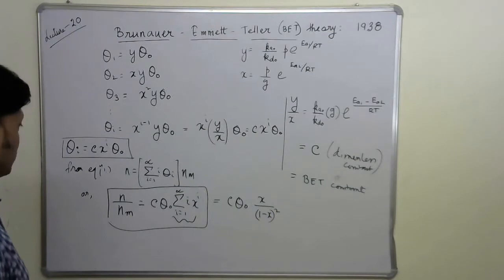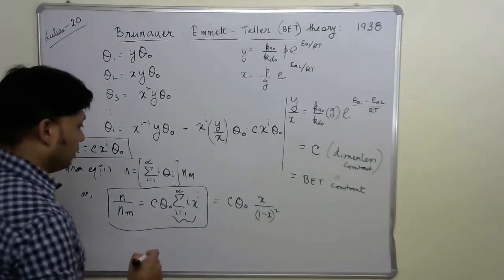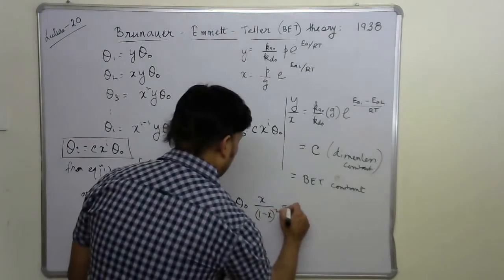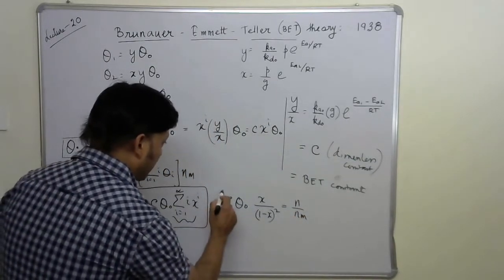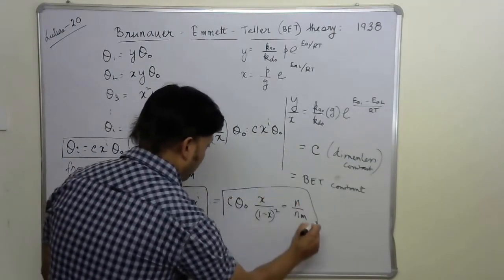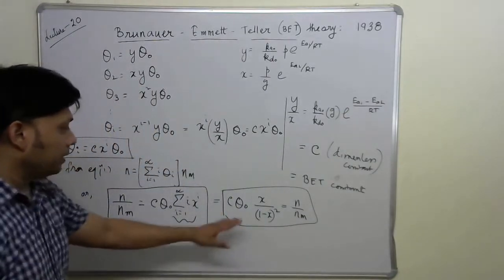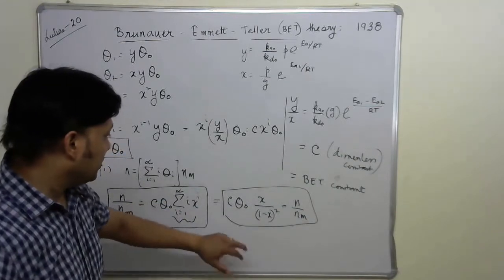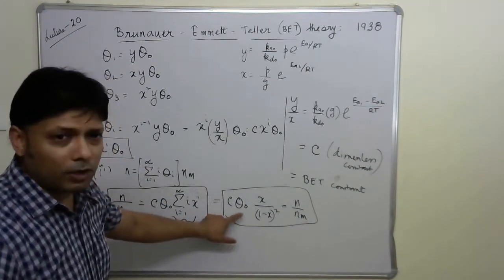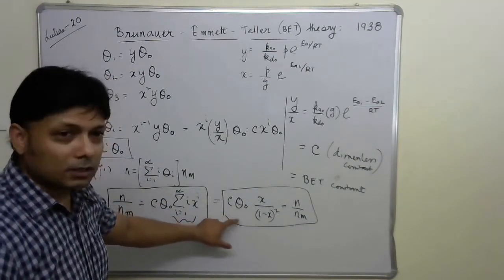So we can have a simpler looking expression: n over nm is equal to something like this. It is much simpler because we have only x here, and C is a constant, but we still have theta 0 and it is unknown.